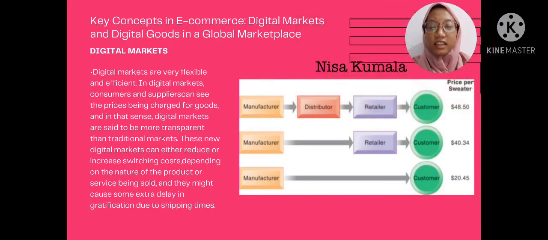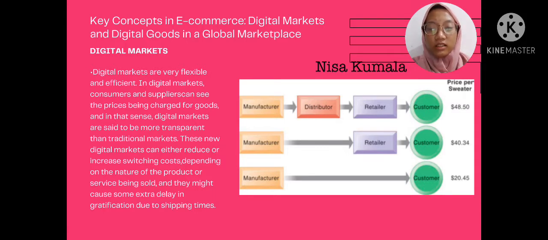The next is key concepts in e-commerce, digital markets, and digital goods in a global marketplace. The internet has created a digital marketplace where millions of people all over the world can exchange massive information directly, instantly, and free.